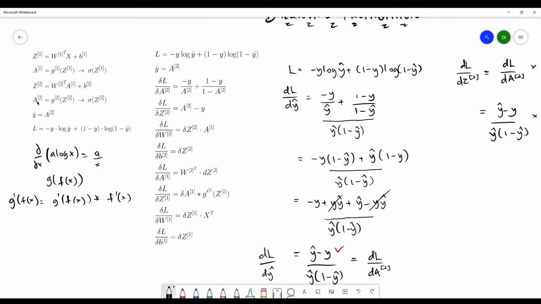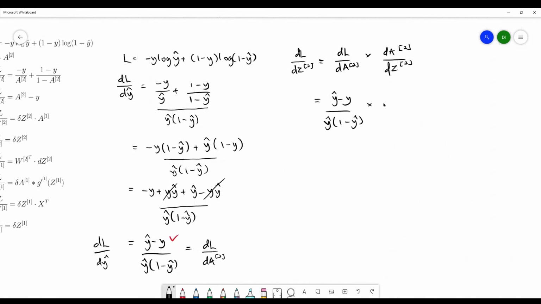So in this case, A2 multiplied by 1 minus A2, or y hat multiplied by 1 minus y hat. And hey, look, remember I told you it's going to be very handy for us later down the line, and here it is. So we're going to cancel these two. We're left with y hat minus y. And so this is dL/dz2.